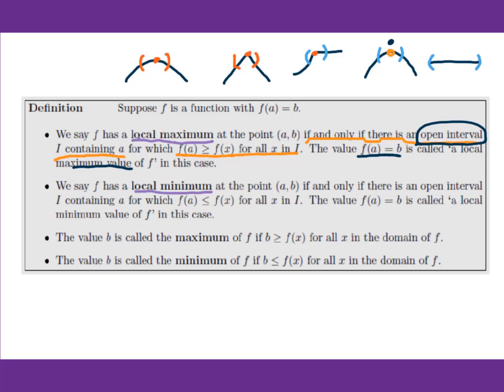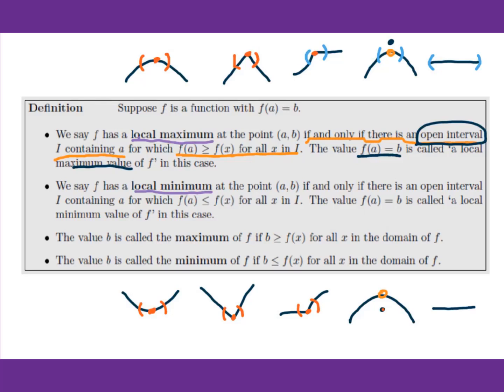On the other hand, for a local minimum, we can think about the following situations. This point will be a local minimum because we can find an open interval. This is a local minimum for this open interval. This is a local minimum for this open interval.